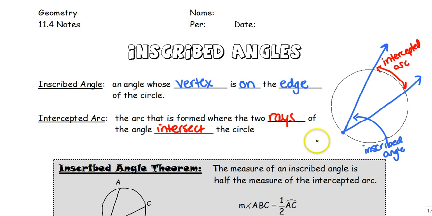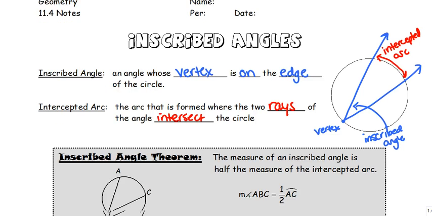Alright, so this is the vertex of your angle. This is the inscribed angle because the vertex is on the circle. The part of the circle that the rays intersect is going to be the intercepted arc. Two vocab words that you're going to need to know for today's lesson.